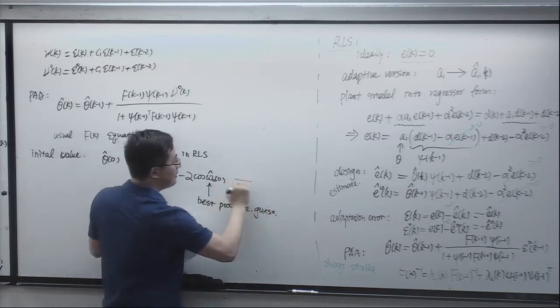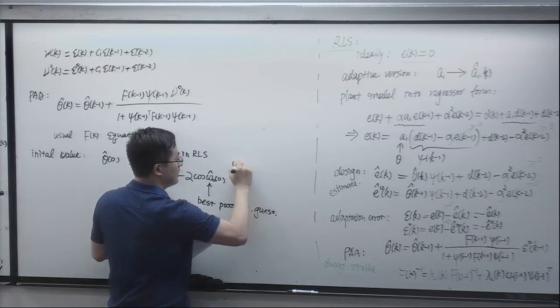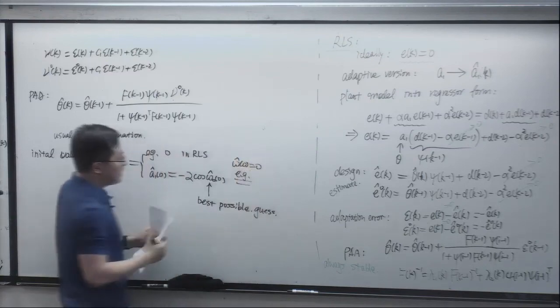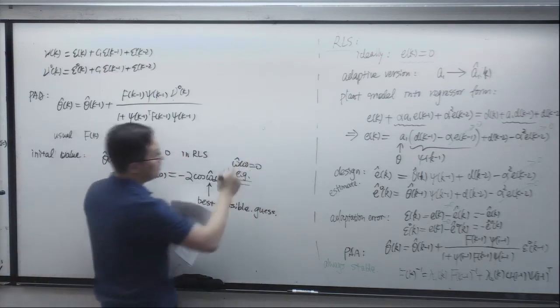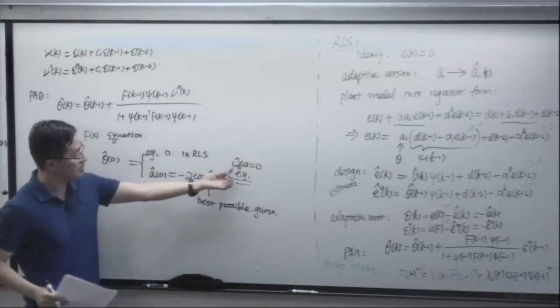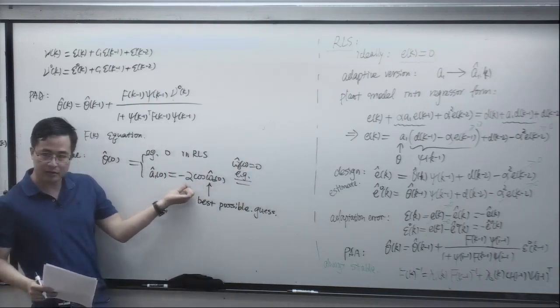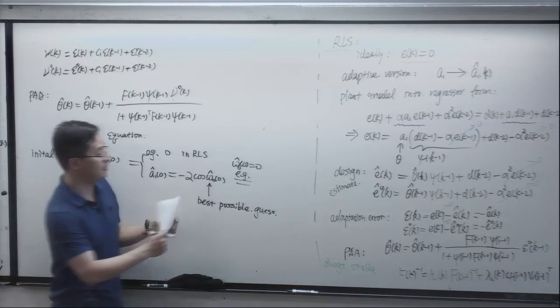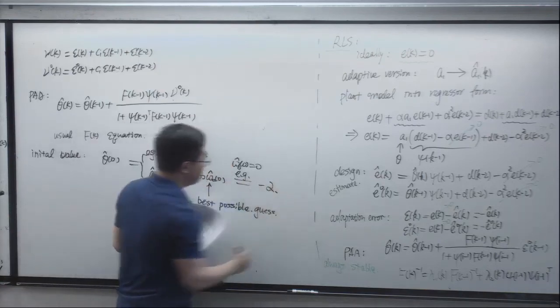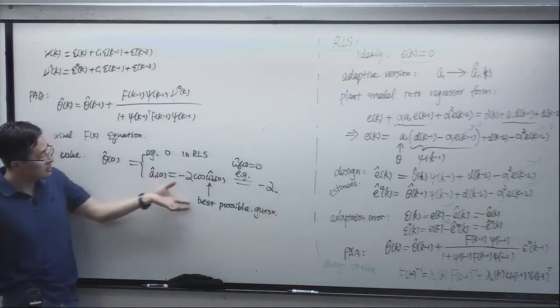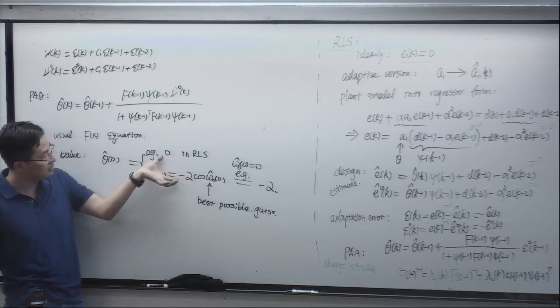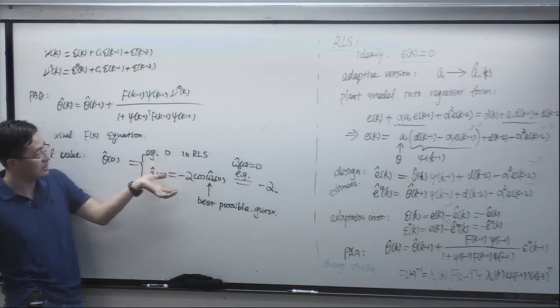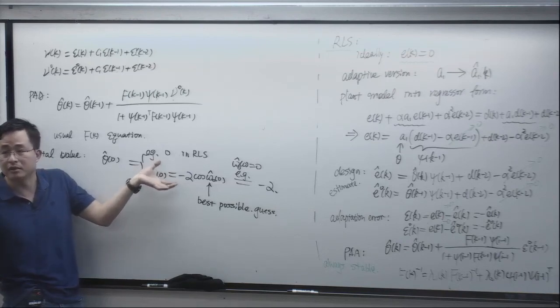Even if you initialize with, you say, I absolutely know nothing, so let's assign this to be 0. Then it's going to be negative 2 times 1. So this subtle difference in how you initialize the algorithm will create major differences in the algorithm convergence.